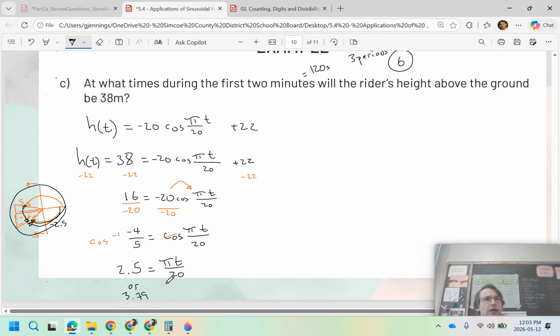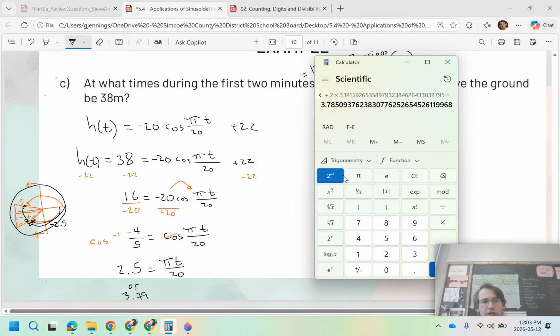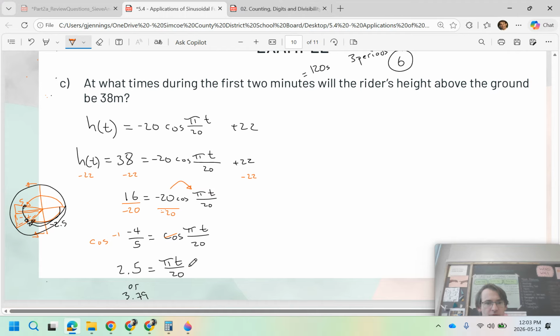Let's go ahead and evaluate for t, because we want to know how many seconds that is. So I've got 1 on my calculator for now, and we are going to multiply by 20 and divide by pi. Of course, we're doing that because if you multiply this by 20 and divide by pi, the pi cancels, the 20 cancels.